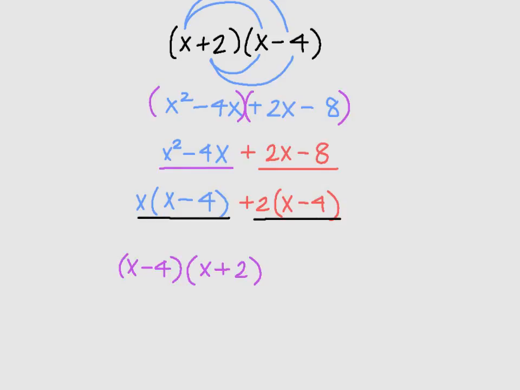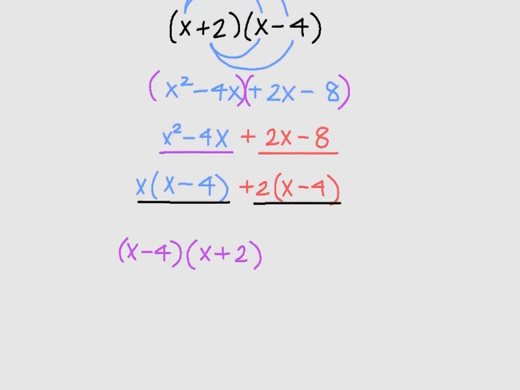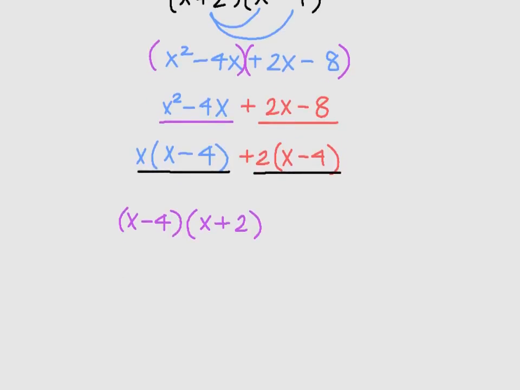I also factored out a 2 from 2x minus 8 to get 2 times x minus 4. And then now in the two terms that I have here, they both have an x minus 4 in common, so I factored out an x minus 4 from the first term, and then I was left with x. I factored out an x minus 4 from the second term, and I was left with positive 2. So this is my final answer.